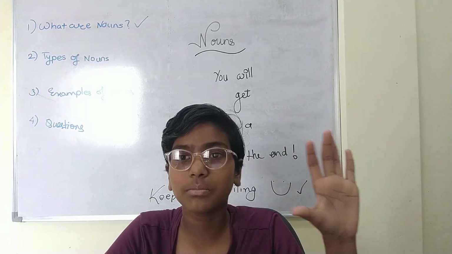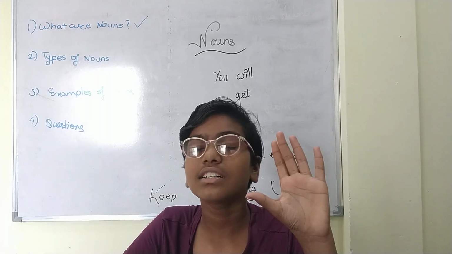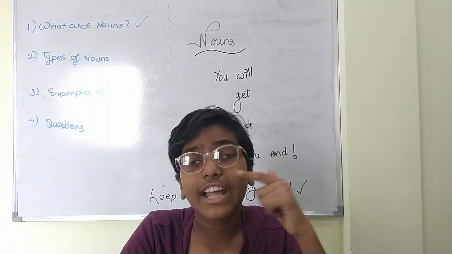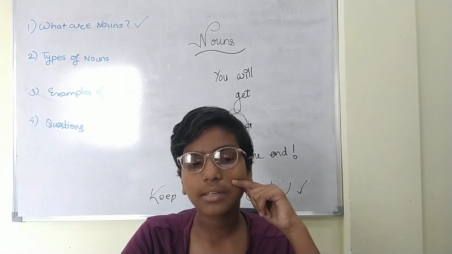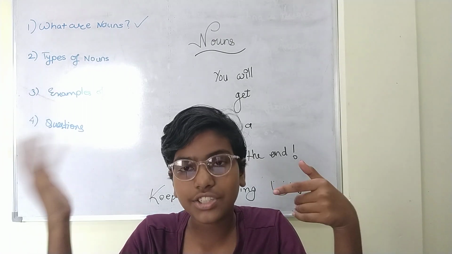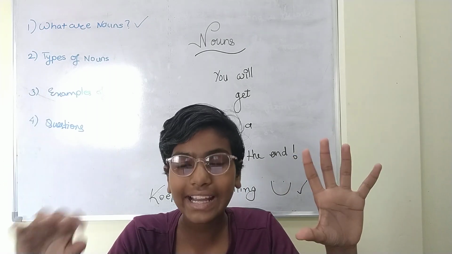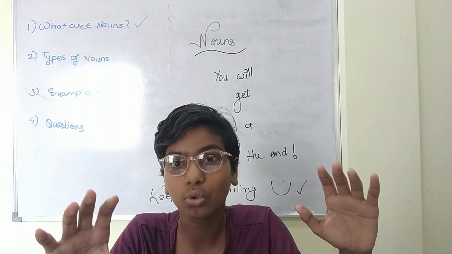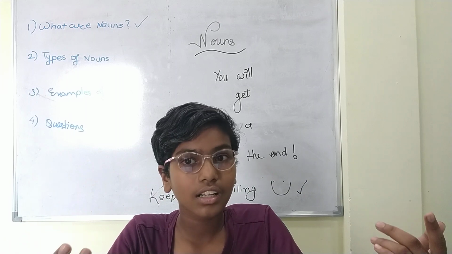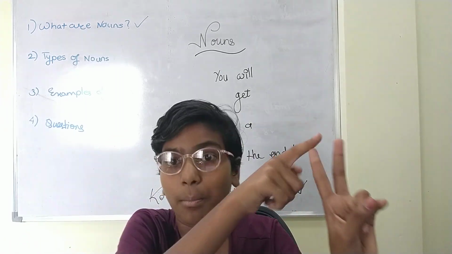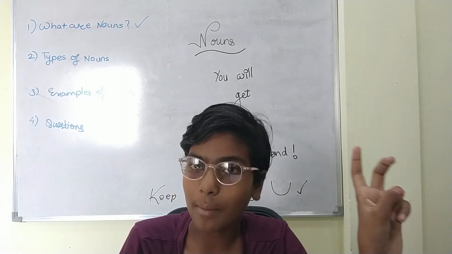So Sachin Tendulkar is the cricketer here. We are specifying it more. But when we are talking about a cricketer, is it Sachin Tendulkar? Is it Virat Kohli? We don't get to know, right? Which among these two? Then it is what? Common noun.